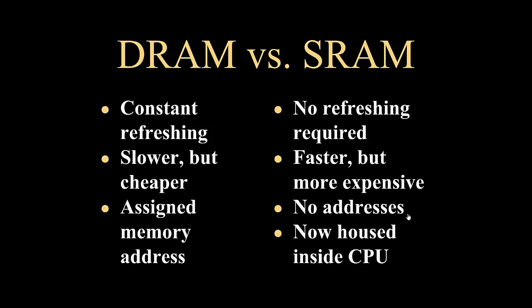So there's a trade-off there. On DRAM, each location or each byte in memory is given a specific address, usually represented in hexadecimal. But there are no addresses in static RAM. And of course, now all static RAM is housed inside the CPU, or the central processing unit.